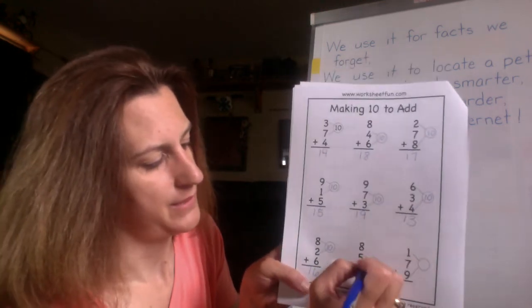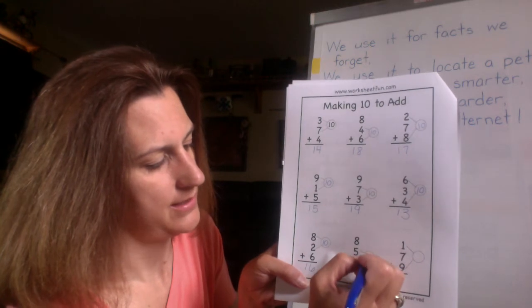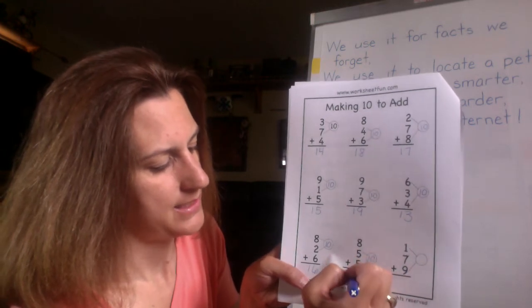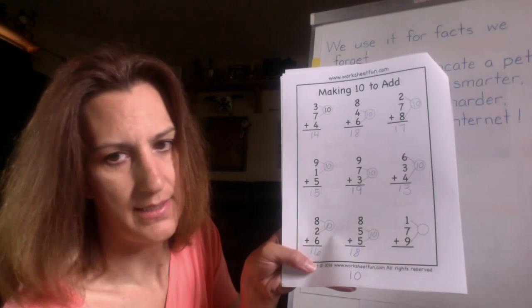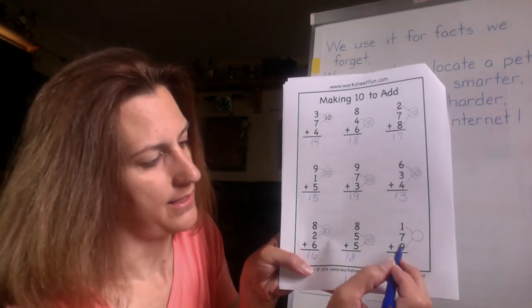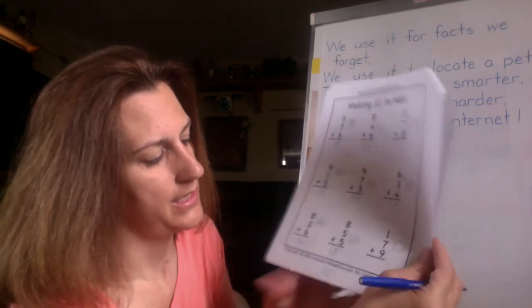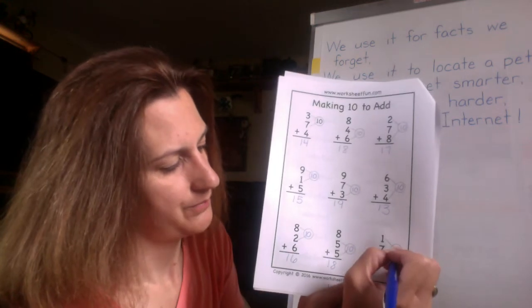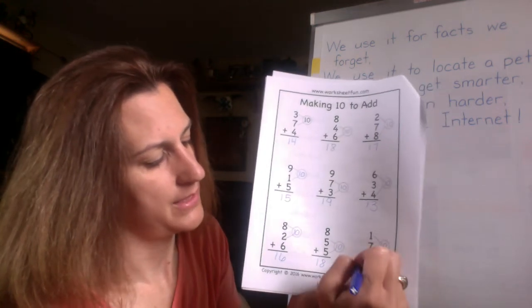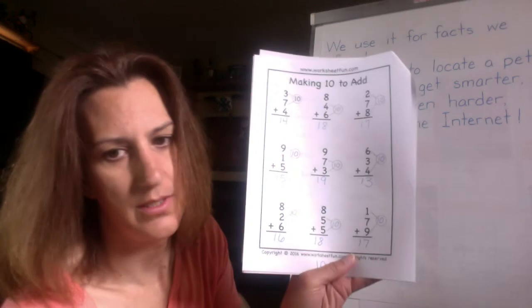Okay, 5 plus 5 equals 10, 10 plus 8 equals 18. Okay, last one, 9 plus 1 equals 10, and then I know 10 plus 7 is going to equal 17.